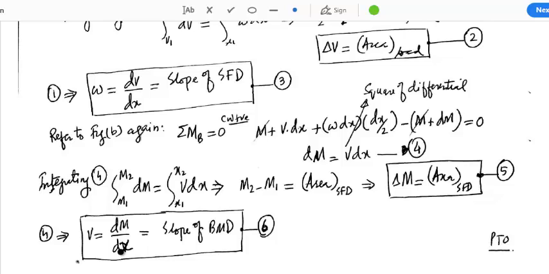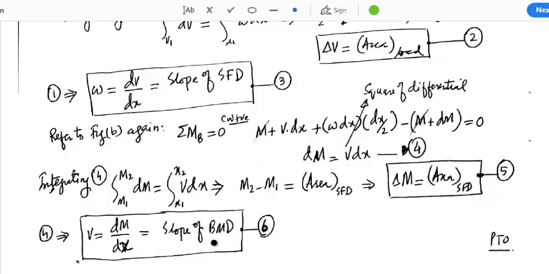If it's second degree, it will represent a second degree curve, and so on. If we integrate that expression, we get the area under the curve, and if we differentiate it at any particular point, we get the slope of the curve at that point. So dM over dx is basically the slope of the bending moment diagram. So this expression says that V is equal to the slope of the bending moment diagram.